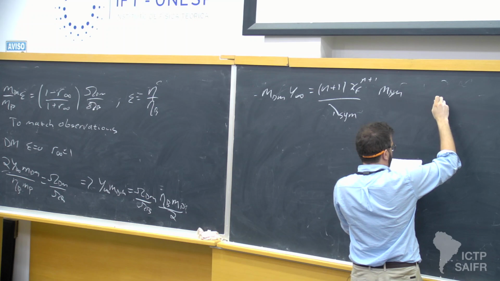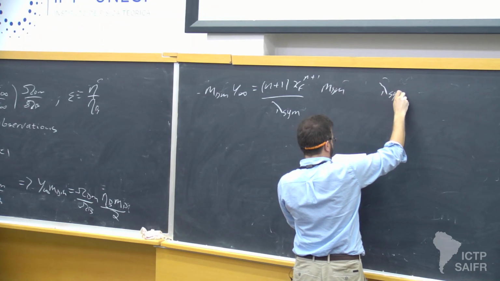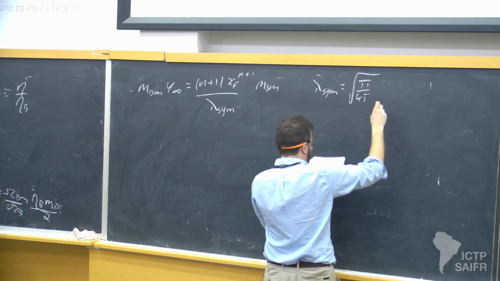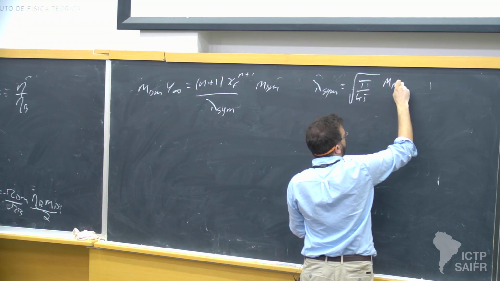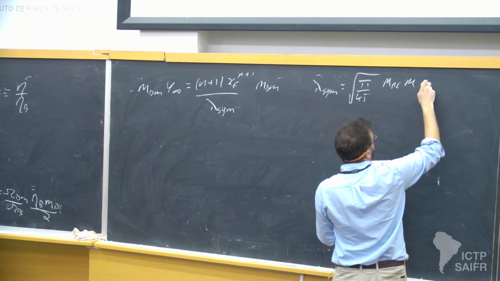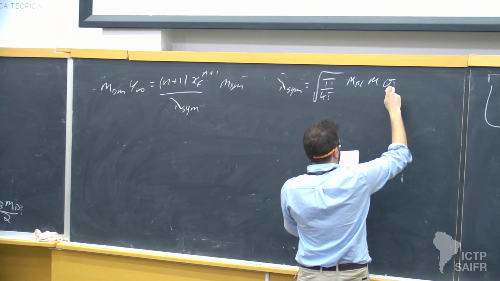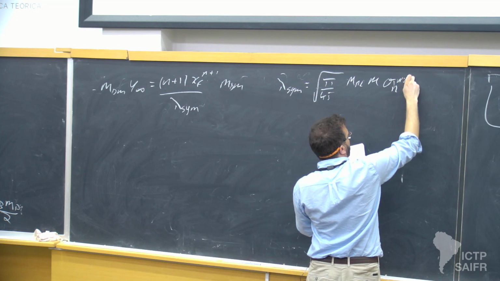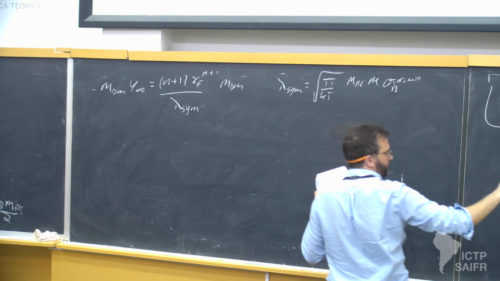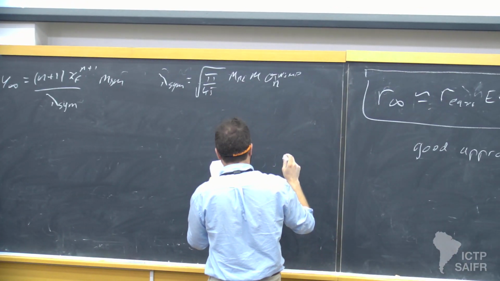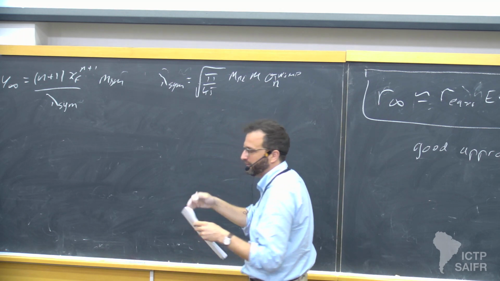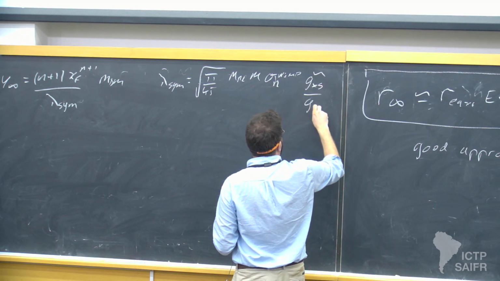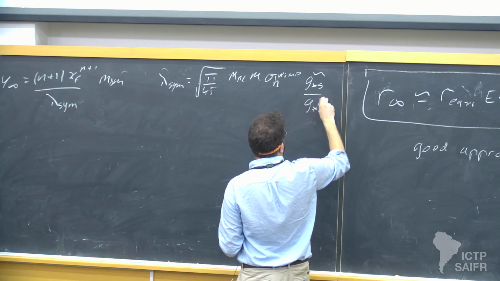And lambda symmetric is pi on 45 m Planck m dark matter sigma, let me call this sigma n WIMP, the well-known cross section for symmetric dark matter, which we derived.